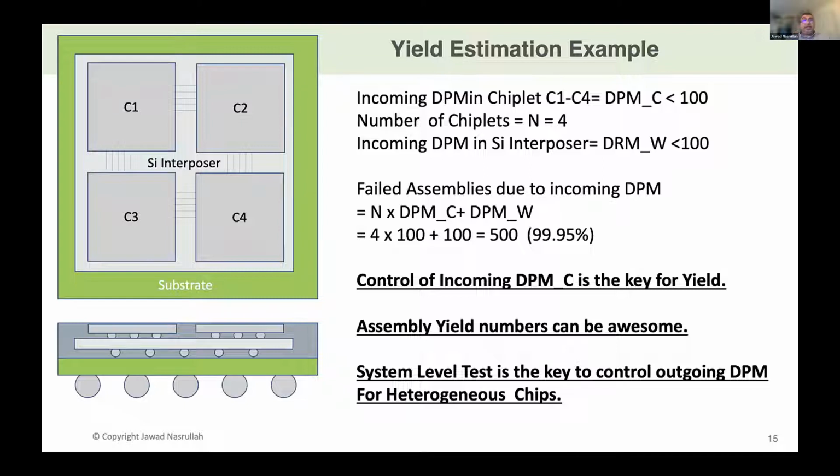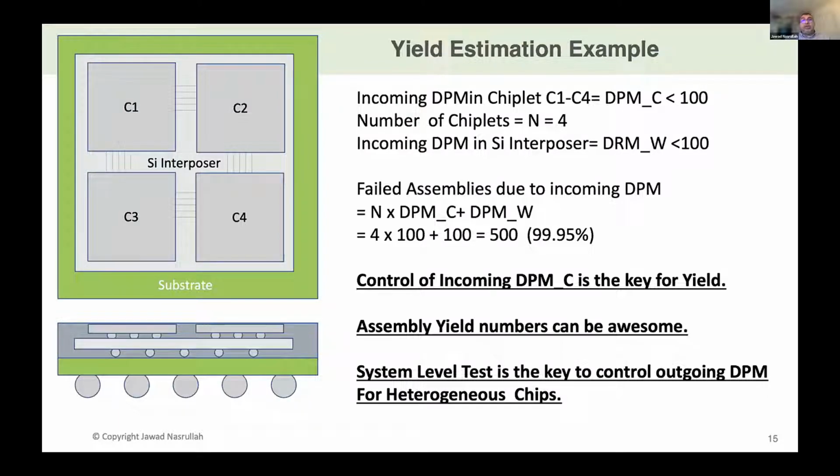So let's do a thought exercise. Let's say that there is a system that has 5 components, 4 chiplets, and we somehow manage to negotiate a defective parts per million of less than 100 out of a million. And if we take all of this together and we believe in the allegedly 99% assembly yield, what you will notice is that in a worst case scenario, when you have totally non-overlapping faults, there will be about 500 bad components that will be produced out of a million, right?